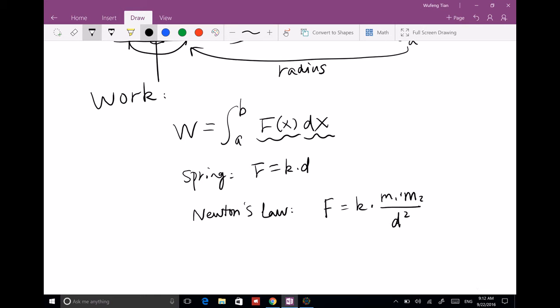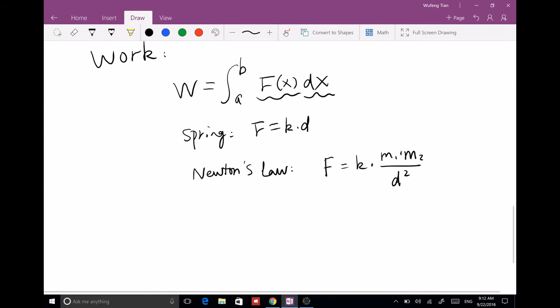We have introduced these two, and also pumping liquid out. For that one you have to use F equals M times G. The G is sometimes given like Newton per kilogram or 62.4 pounds per cubic foot, something like that.